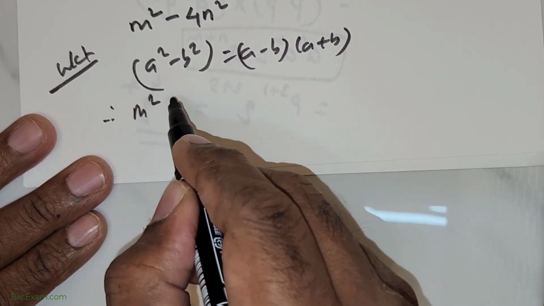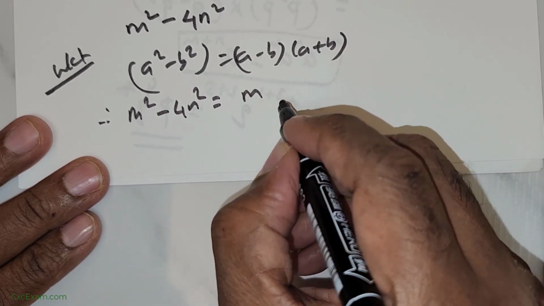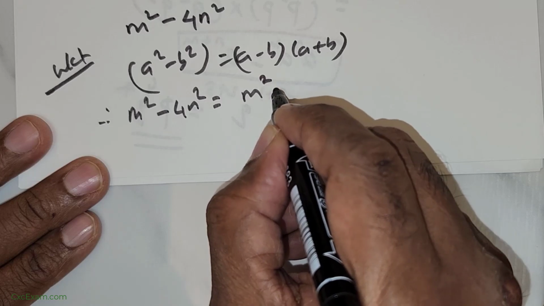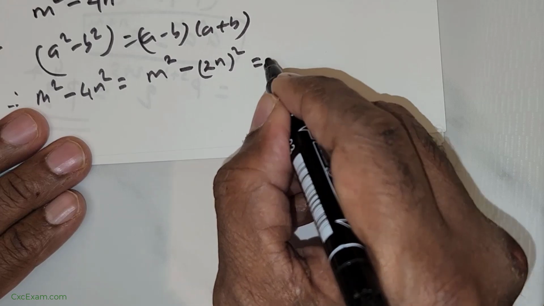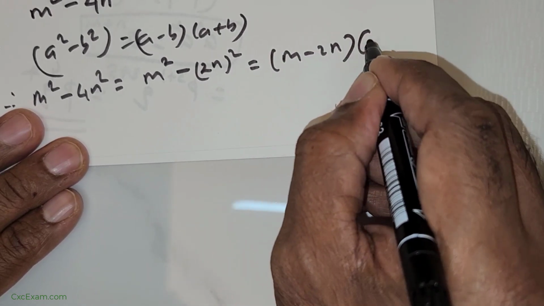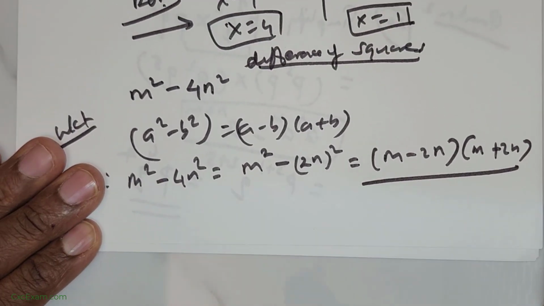So therefore m squared minus 4n squared can be rewritten as m squared minus 2n raised to the power of 2, which is m minus 2n times m plus 2n. So this is going to be the solution for this question.